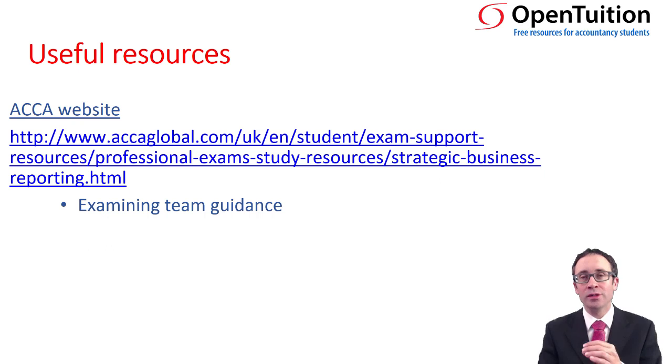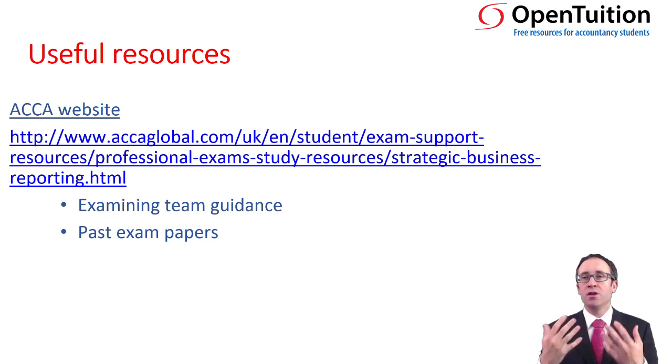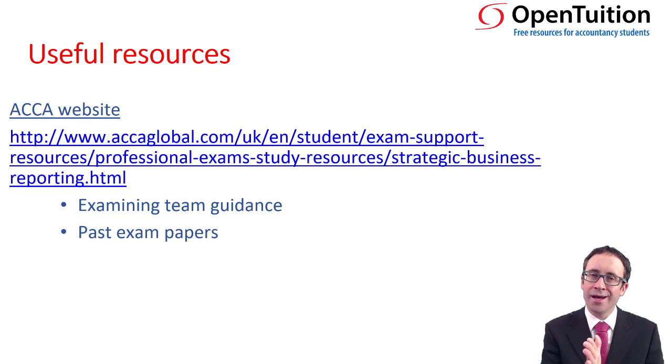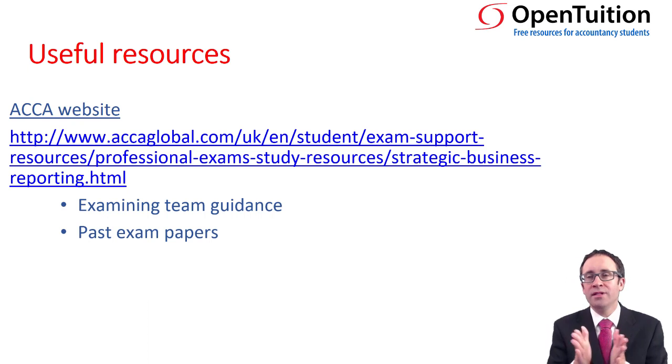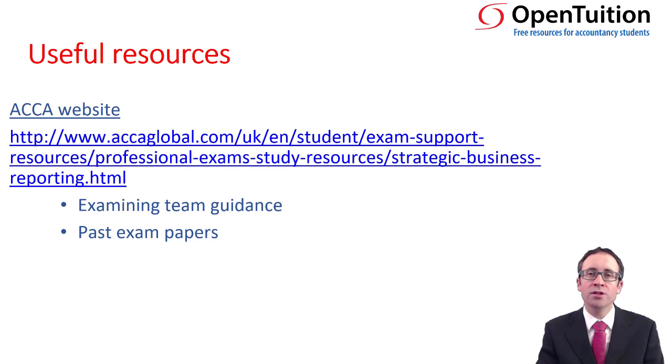Okay, particularly important as we get used to this new strategic business reporting exam. Obviously, as time progresses, there will be more past exam papers. There are obviously none at this moment in time. However, we do have the specimen paper, and then as time progresses, we will get the hybrid paper at the end of the September and December sittings, and then the hybrid paper at the end of the March and June sittings.